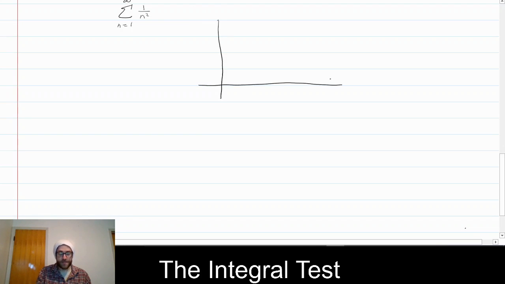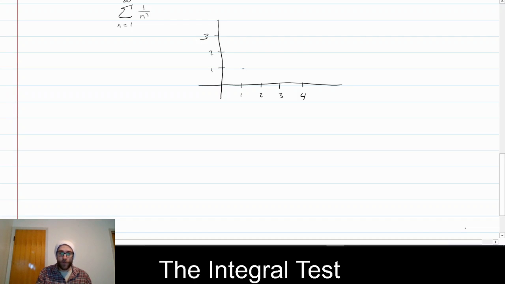Now let's look at one that we know converges. Let's take a look at the sum of 1 over n squared as n goes from 1 to infinity. Okay, so if we were to draw this, let's try to do a hastily drawn graph here. 1, 2, 3, 4, and this, I guess, will be like 1, 2, 3.